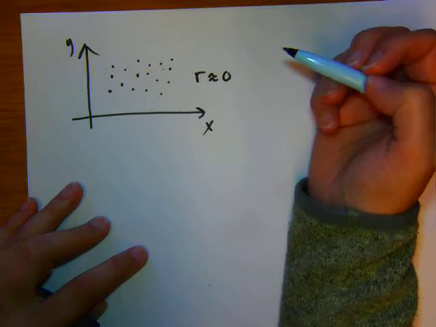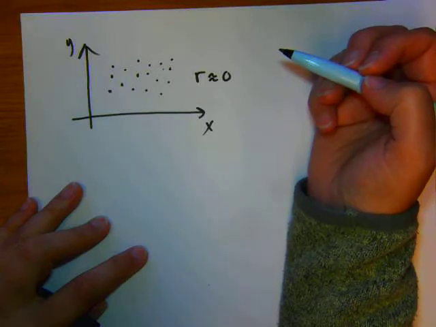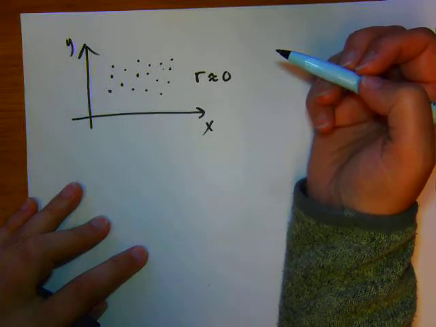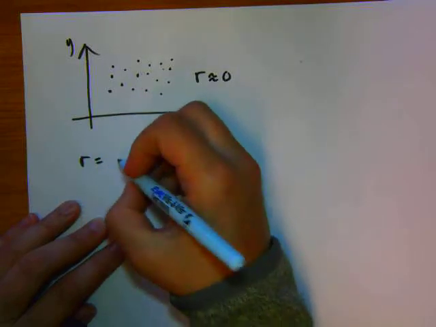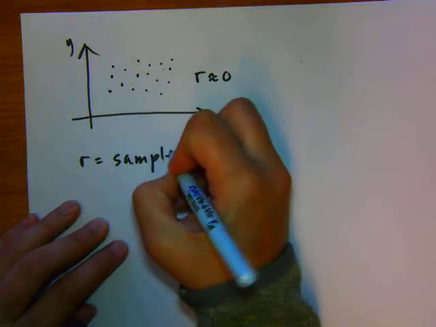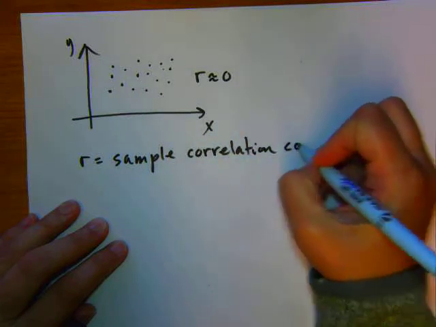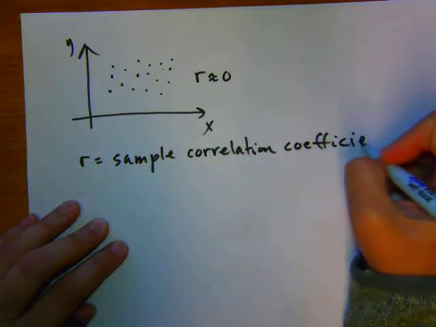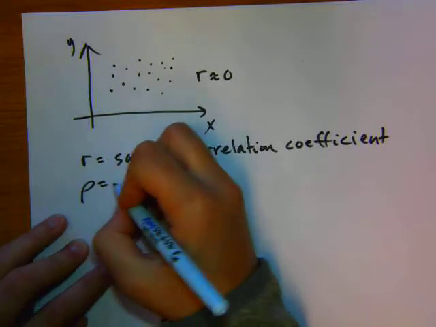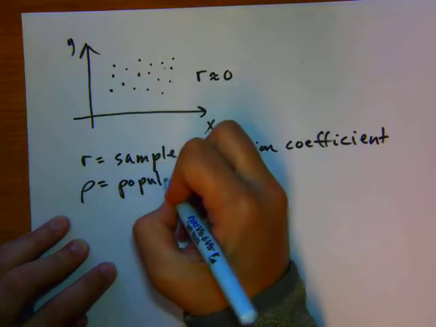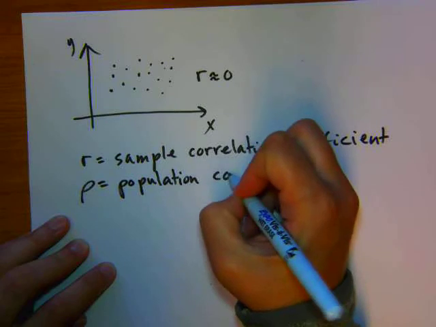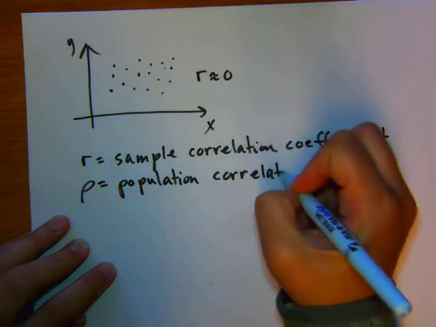But there's no obvious upward or downward trend to this, so our r will be close to 0. So remember, for our notation, r is your sample correlation coefficient, and rho is your population correlation coefficient.